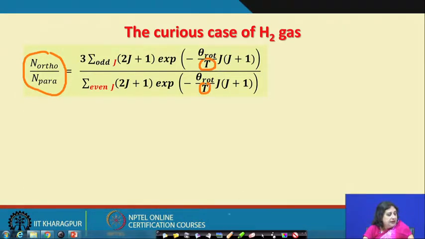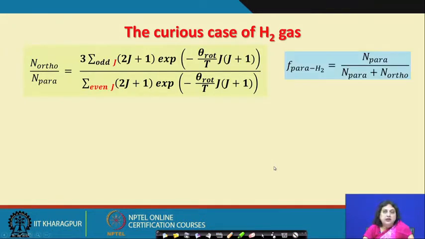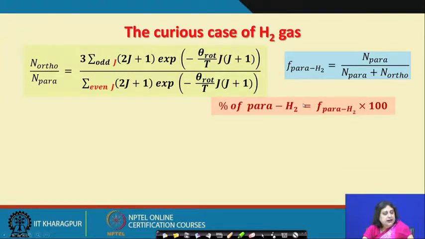And then we can very easily say that for a given temperature I can always predict what is going to be the fraction of para hydrogen molecules in the assembly of ortho and para hydrogen, and accordingly I can calculate the percentage of para hydrogen molecules in a given system from the known fraction.